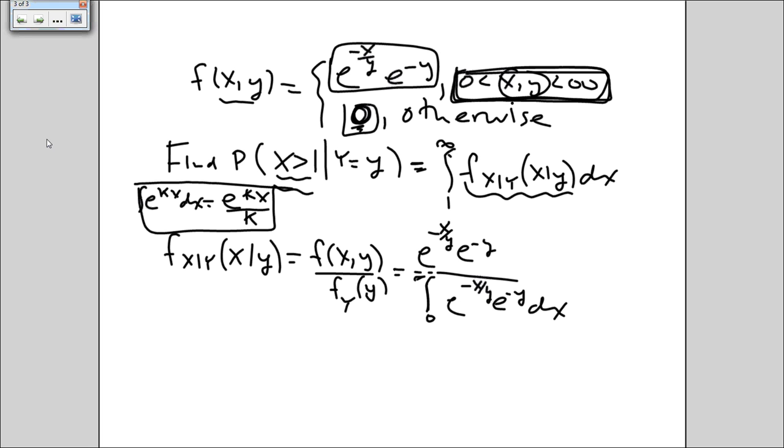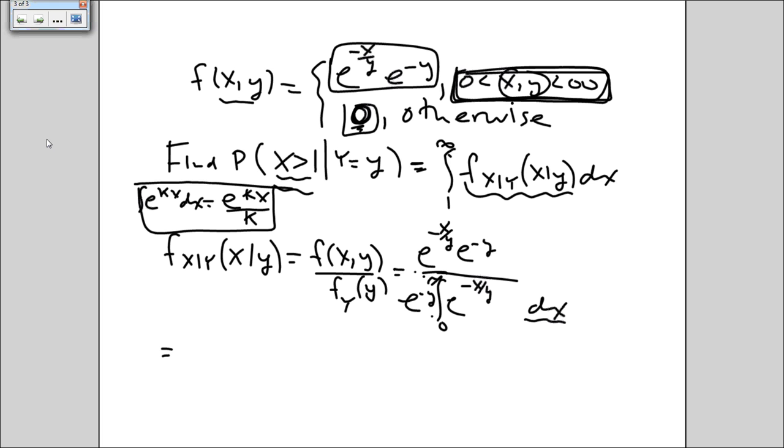So that's done. The next comment I want to make is, it's the integral from 0 to infinity. And the comment that I want to make is, e to the negative y, having nothing to do with x's, I can put in front.